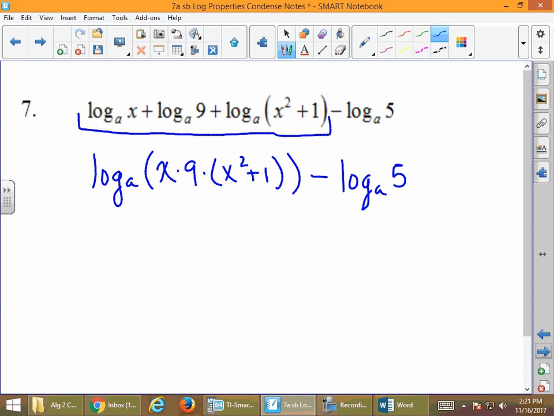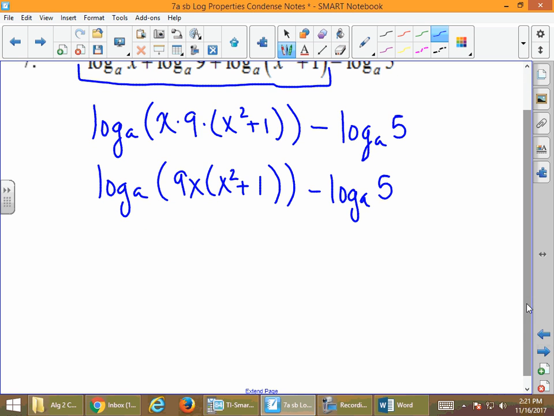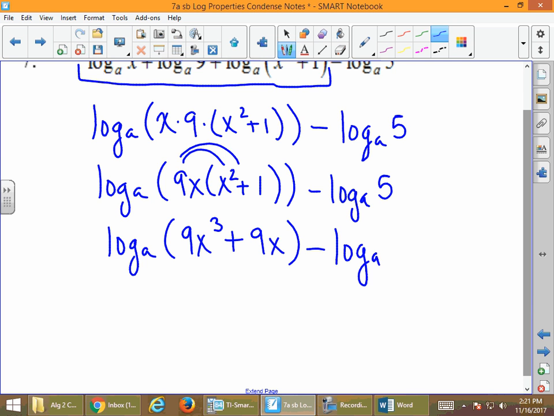We can simplify this down a little bit, and we get log base A of 9x times x squared plus 1 minus the log base A of 5. And we could even distribute that 9x if we wanted to. It's not going to make that much difference here. But we get log base A of 9x cubed plus 9x minus log base A of 5.